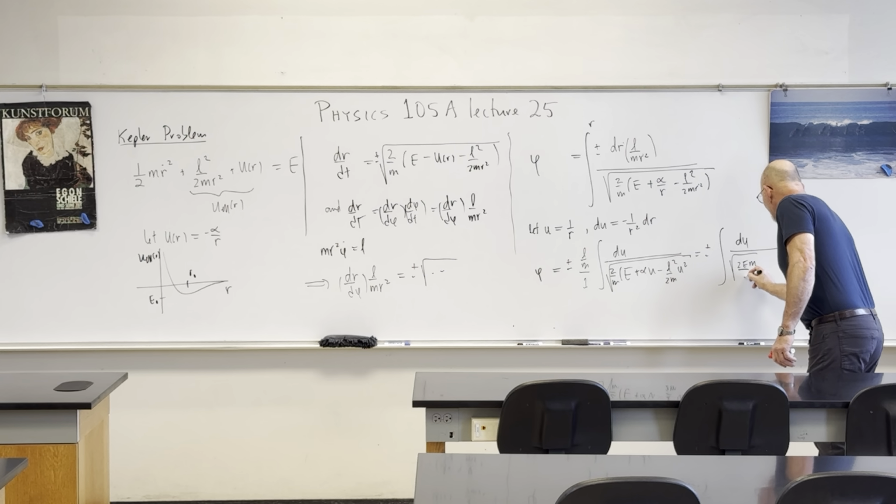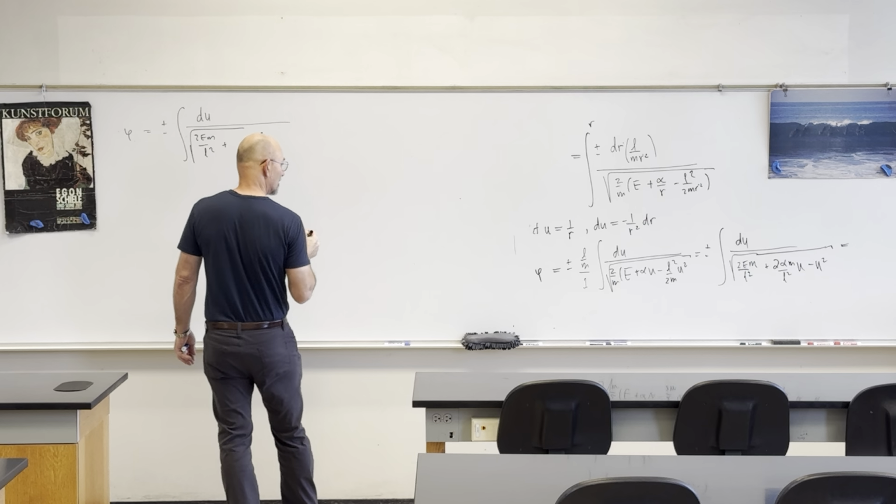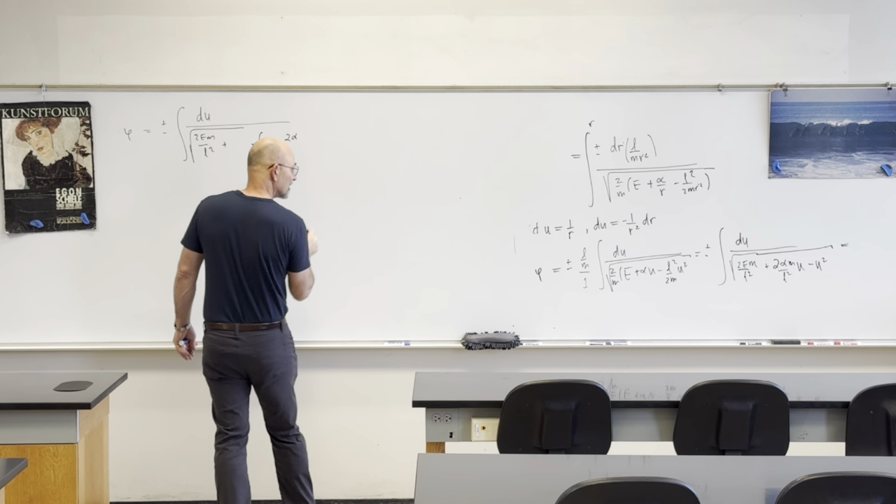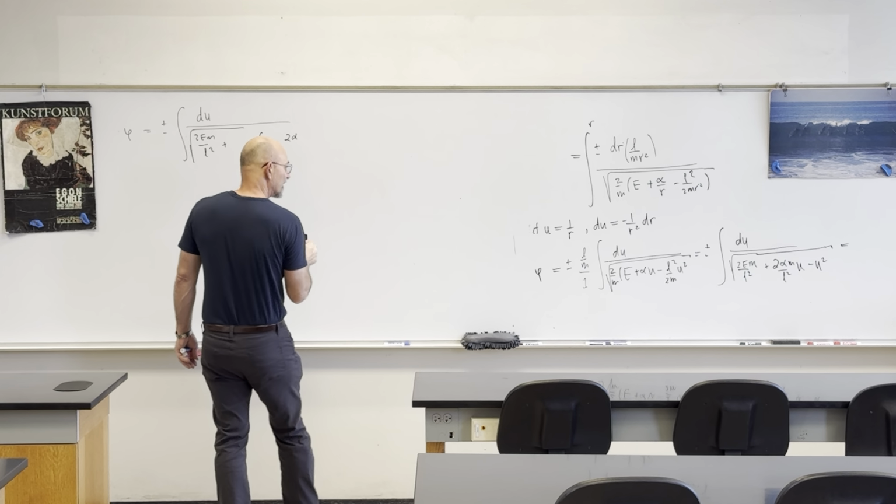And for this, I can do minus, let's just write this down first. So minus u minus 2 minus alpha over m L squared. Alpha m over L squared. Squared, okay. So what do we get here?